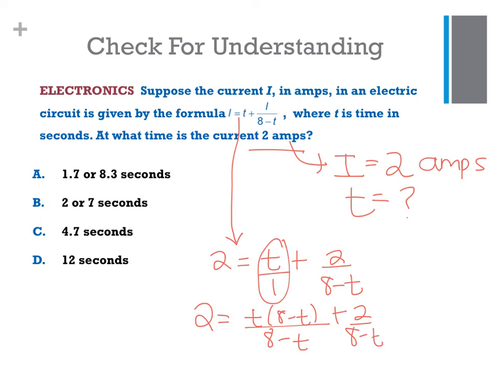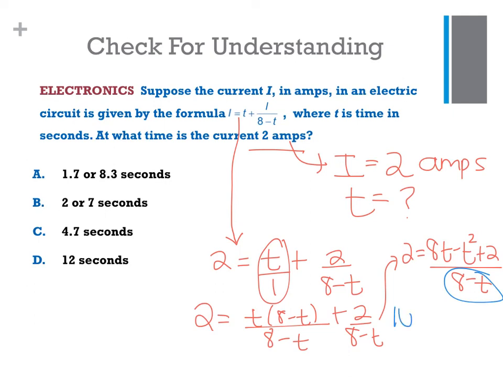And now that I have a common denominator, I have 2 equals 8t minus t squared plus 1 all over 8 minus t. And to undo dividing by 8 minus t here, I'm going to multiply both sides by 8 minus t.